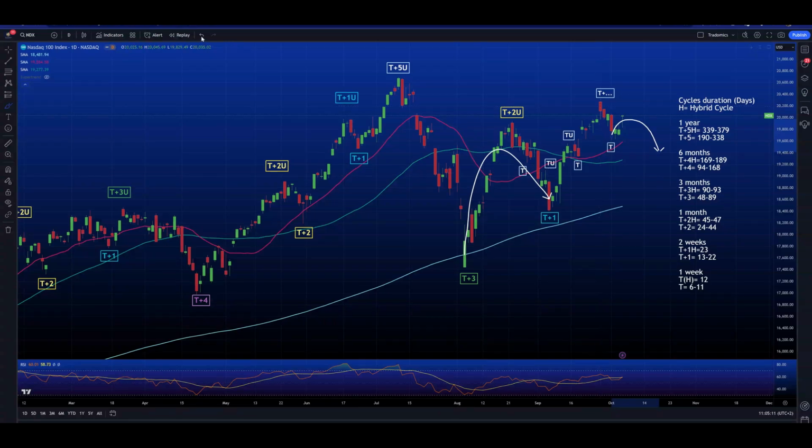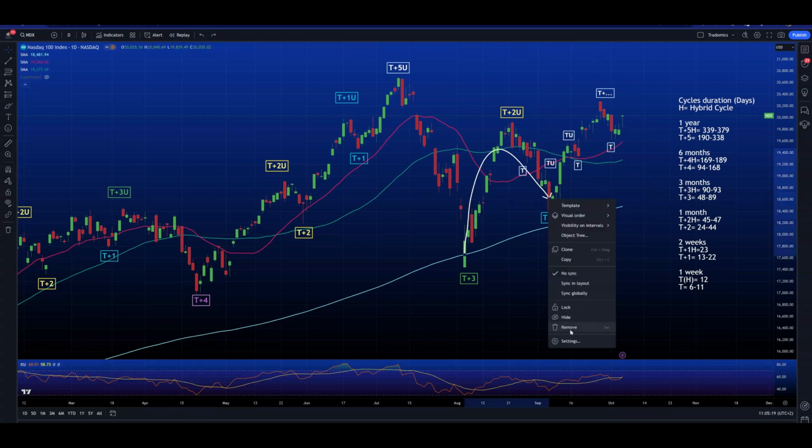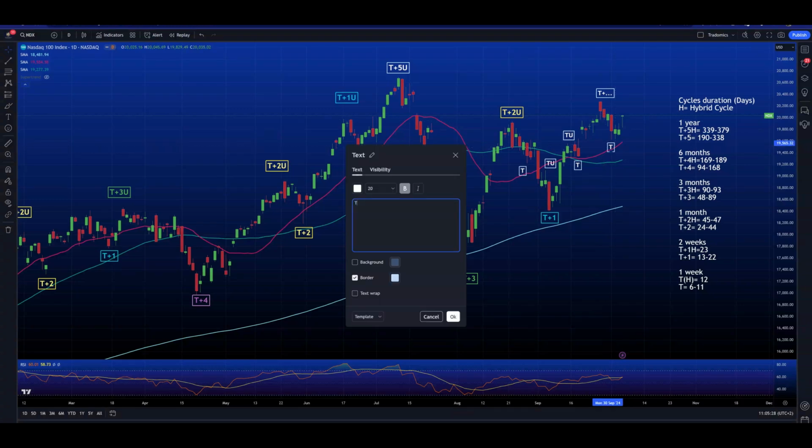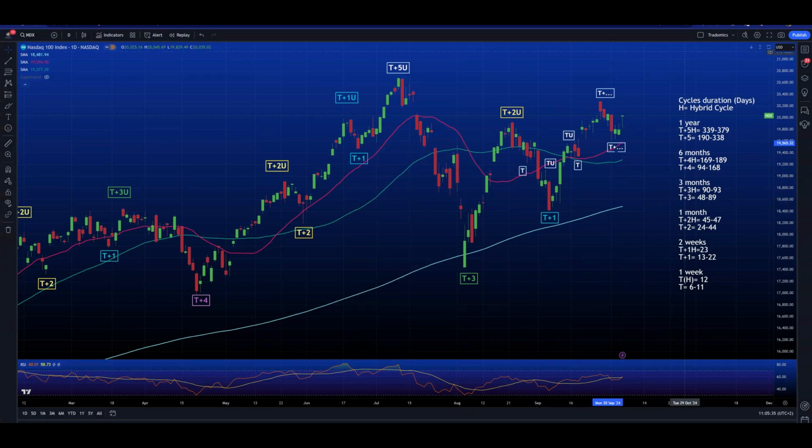So now we have to monitor carefully for the next week what is going to happen in terms of rising. If we go over this top, then we're going to have a T plus 2 from the downward cycle. At the moment, we cannot know it. Therefore, I put a T plus something, and next week will be crucial to reveal the future trend.